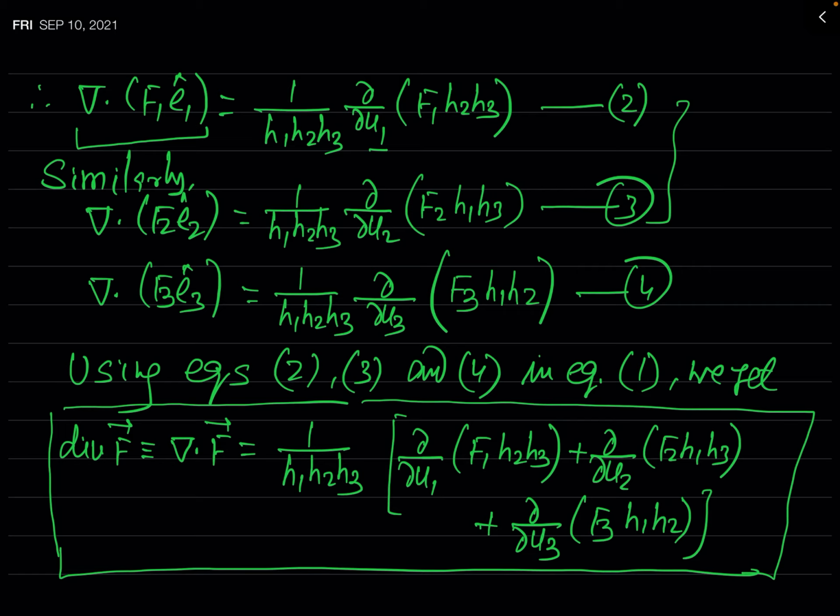And when you substitute h1, h2, h3 in this expression, you will get the particular expression of divergence of f in a particular orthogonal curvilinear coordinate system. But those things will be dealt with in the forthcoming lectures.